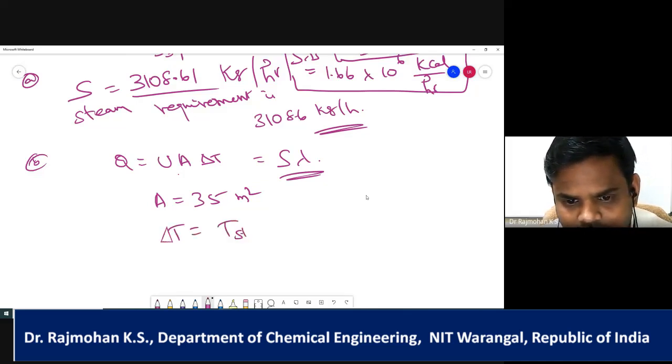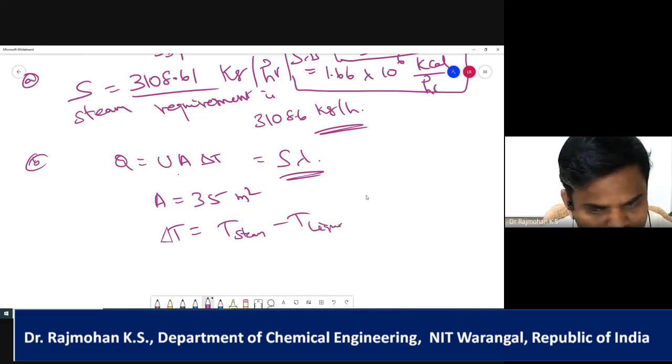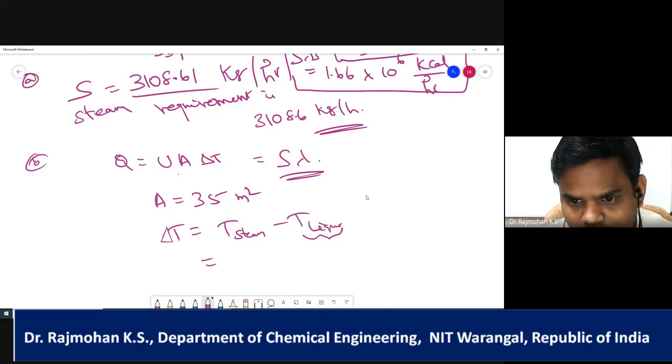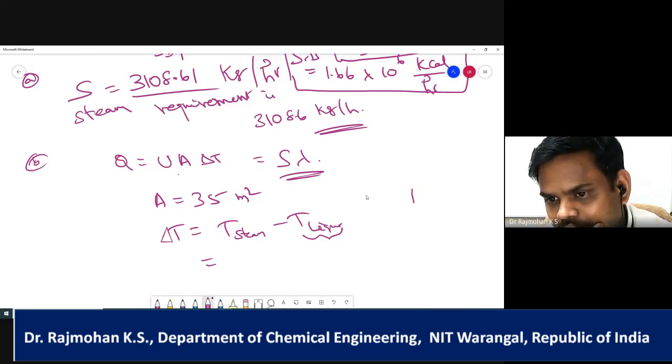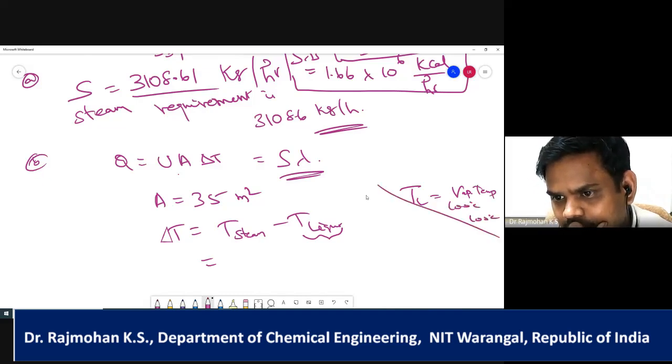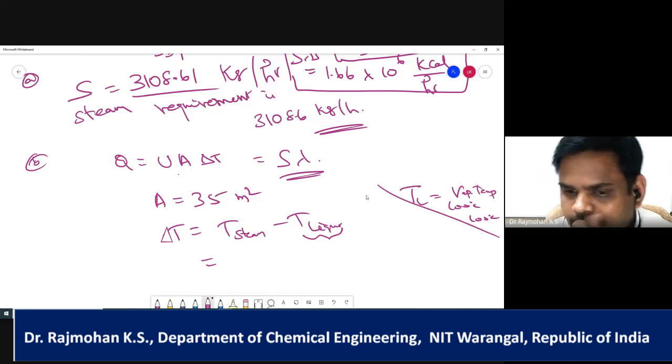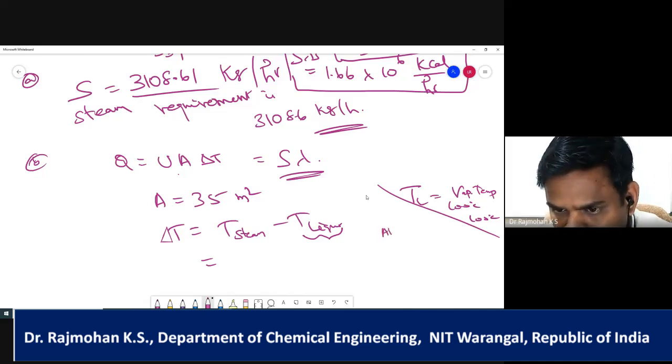Delta T is T of the steam minus T of the liquid. Which is the liquid temperature we have seen. Remember last problem what we did: T of L is equal to vapor temperature. Both were 100 degrees Celsius. But in this problem the absolute pressure is different.